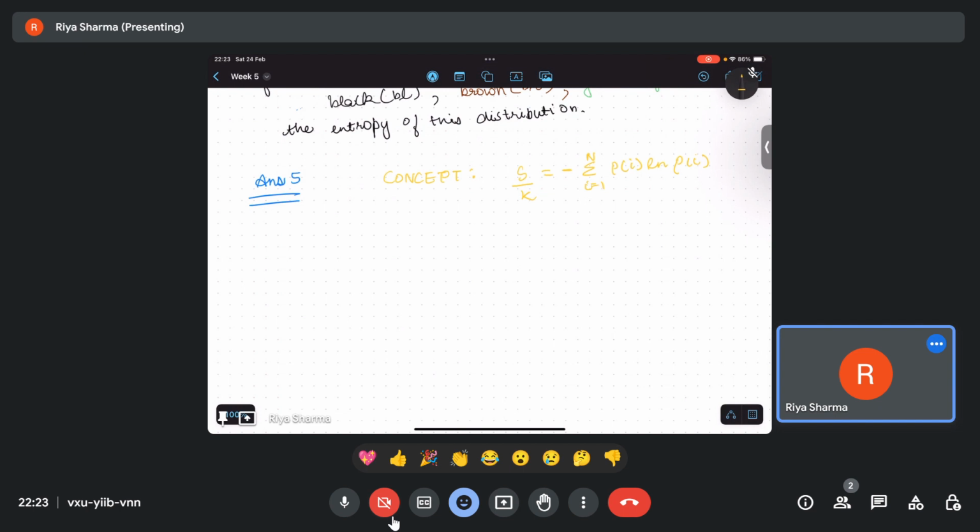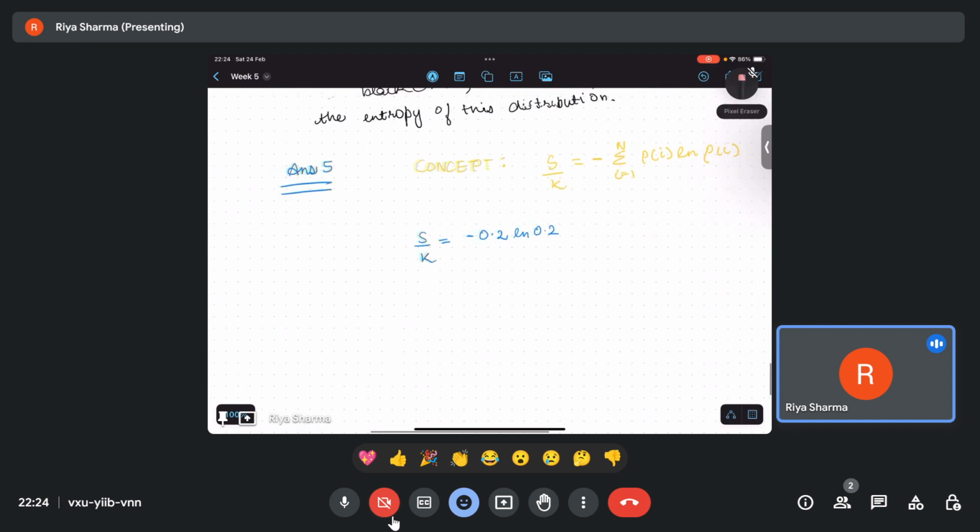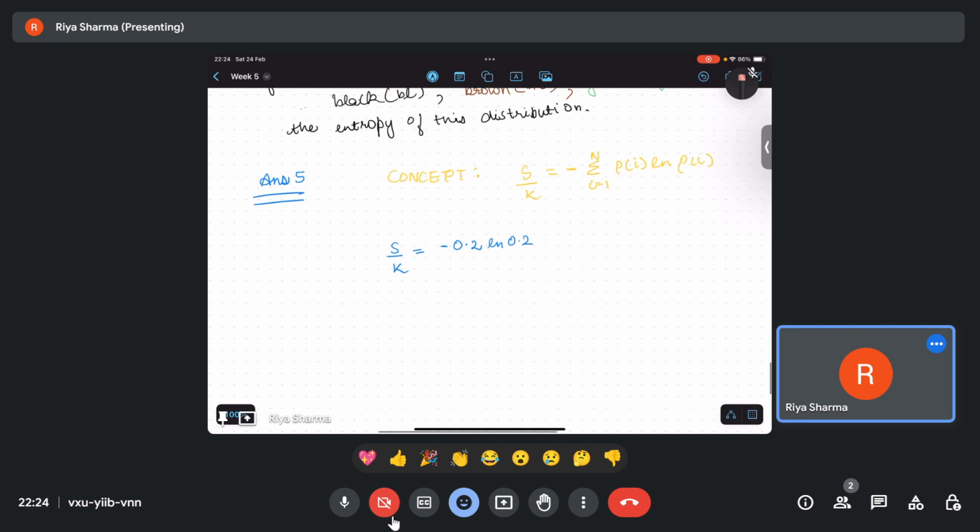So for this question, it will be S by K is equals to minus of 0.2 ln of 0.2. Okay, let me write it more nicely here. If you can start by yourself, rather than me writing the answer here, I should give you the formula first: sum over i equals 1 to 5 of Pi ln of Pi.